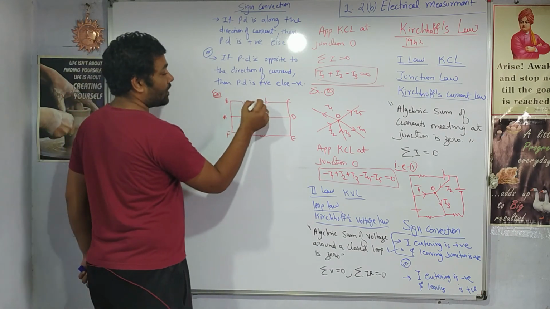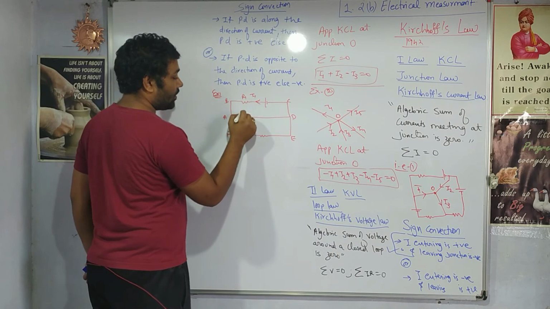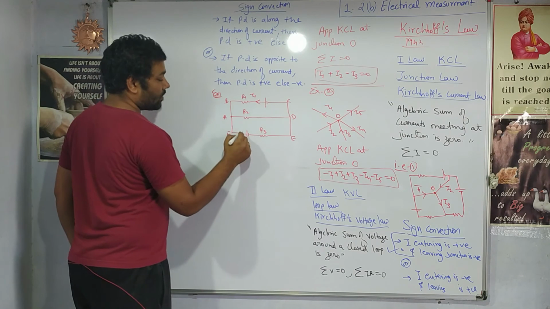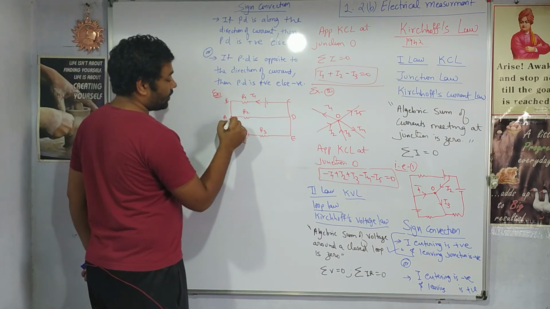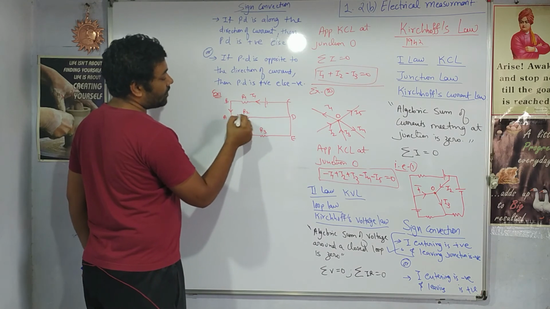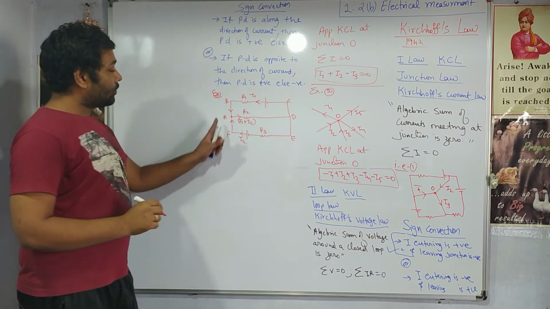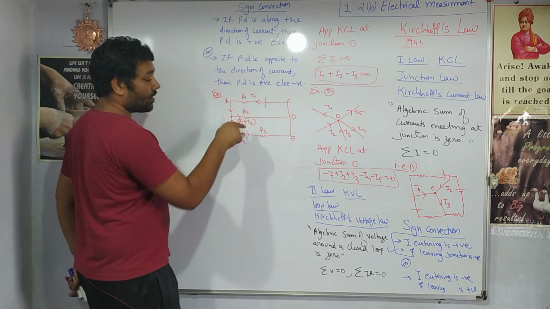So let us say from this battery current I1 starts. This is the resistance R1, this is R2, this is R3. From this battery current I1 starts and from the other battery current I2 starts. Both these currents enter this path, making current I1 plus I2 in the path AD. Please see once again, we have drawn a circuit diagram.